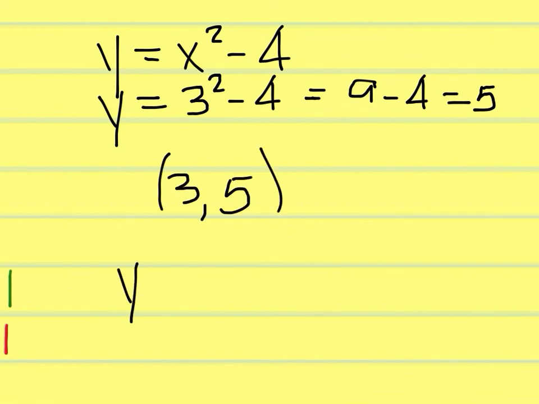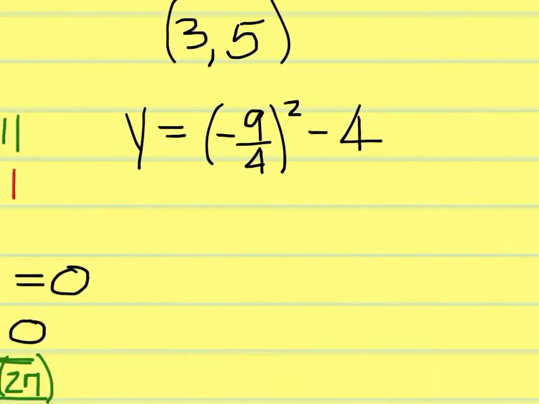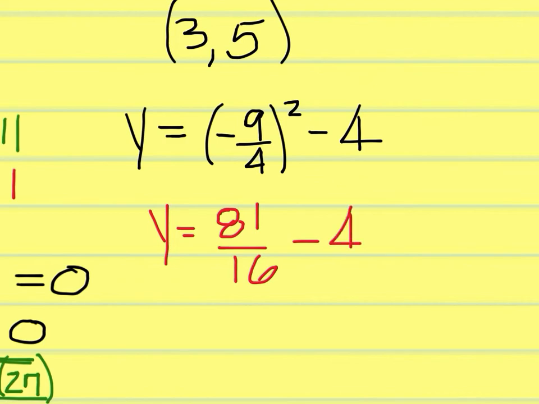So do it again for negative 9 over 4. So we'll square the negative 9 over 4. And when you square that, it's going to come out to be 81 over 16. Minus 4, you need a common denominator.